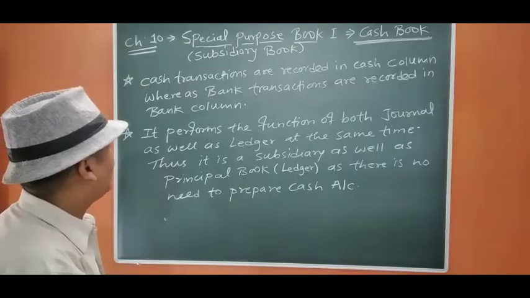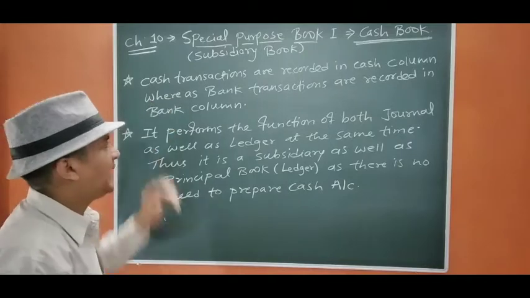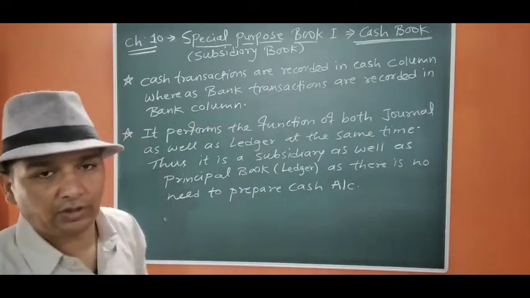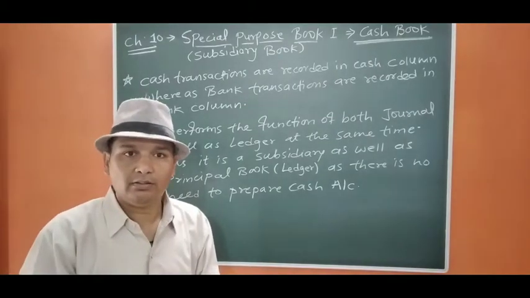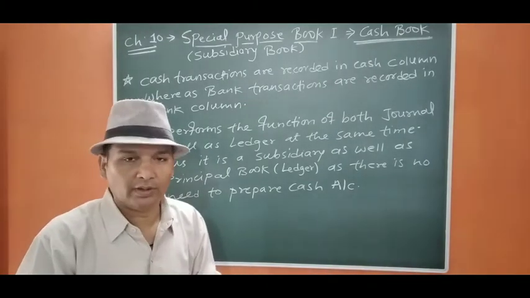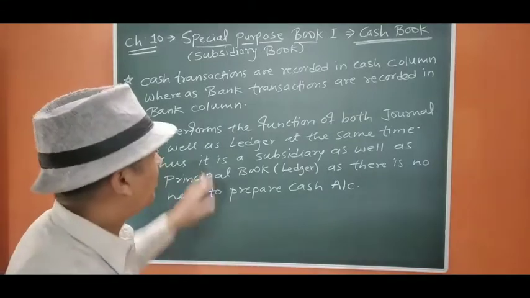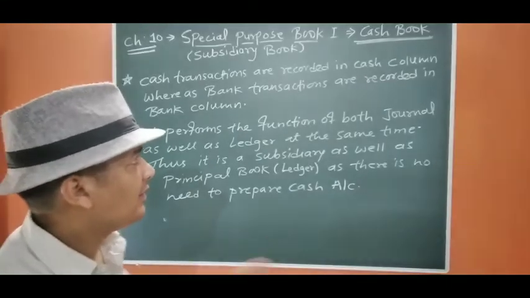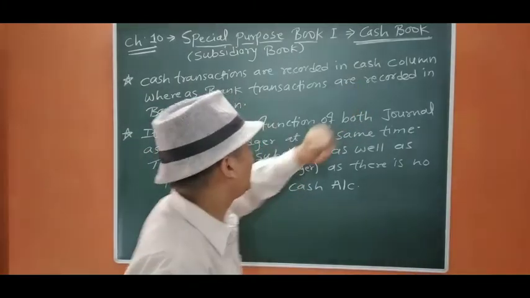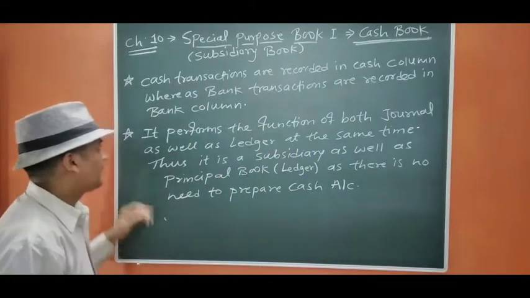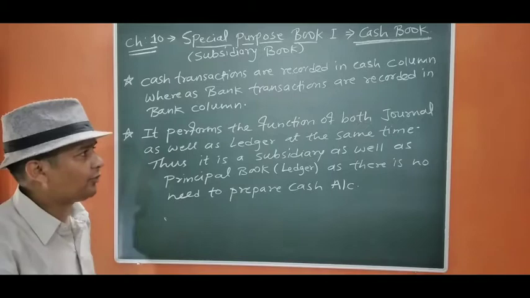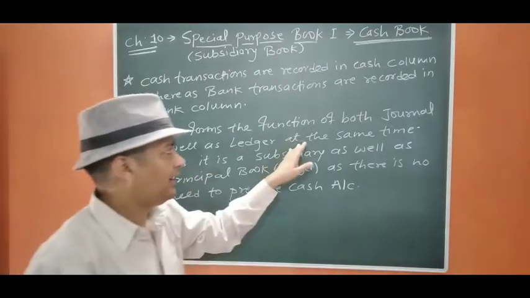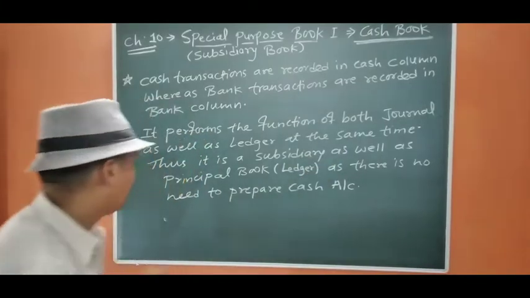Cash transactions are recorded in the cash column, whereas bank transactions are recorded in the bank column. This is in the case of a double column cash book, where we record cash as well as bank transactions in two separate columns, cash and bank. It performs the function of both the journal as well as the ledger at the same time.